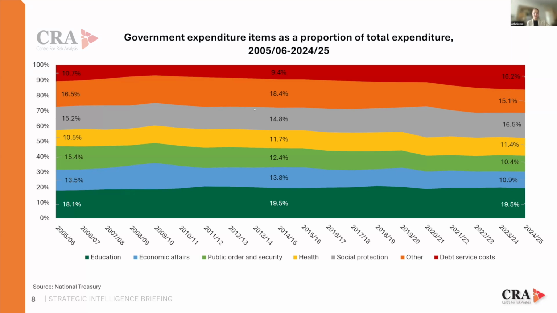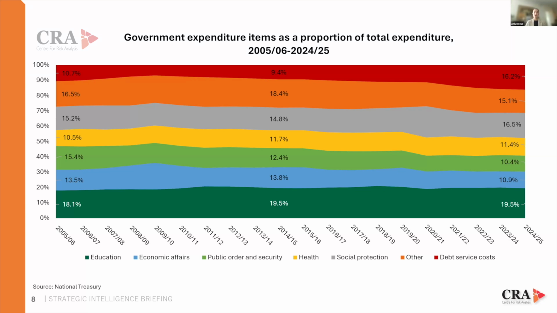Debt servicing cost is our single largest expenditure item. If you take it into comparison, we spend almost 1.5 times more on paying off our debt than we spend on all our troops in the military, the police force, and our judges and courts combined. It's shocking.